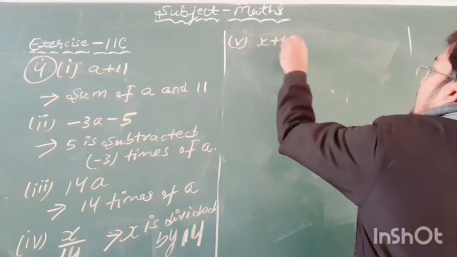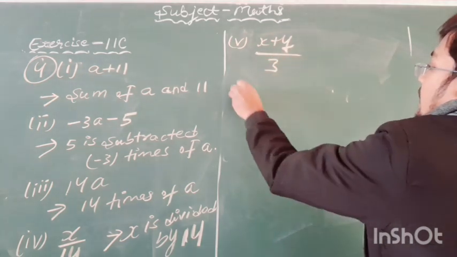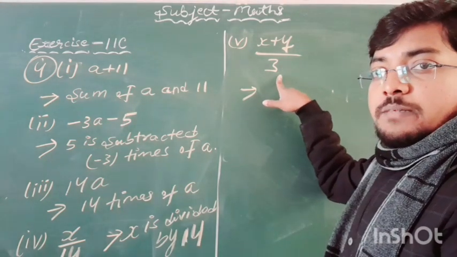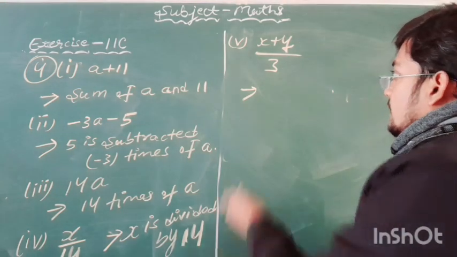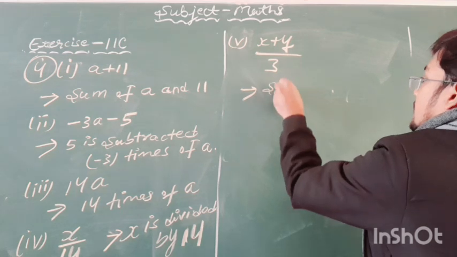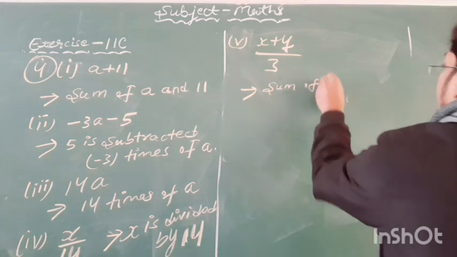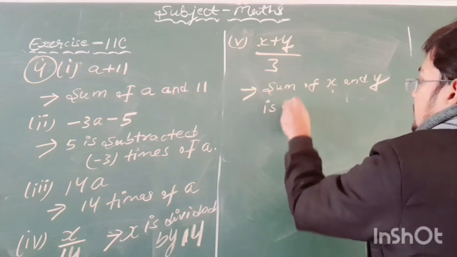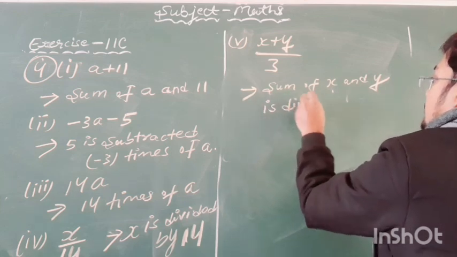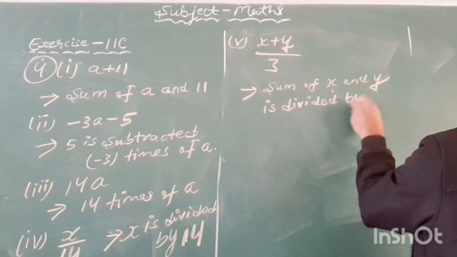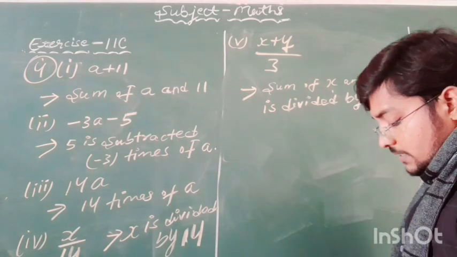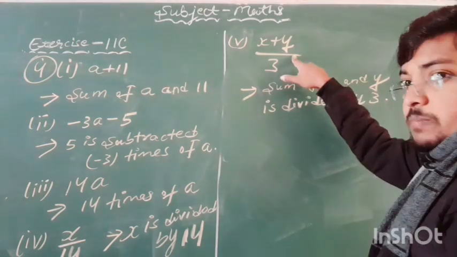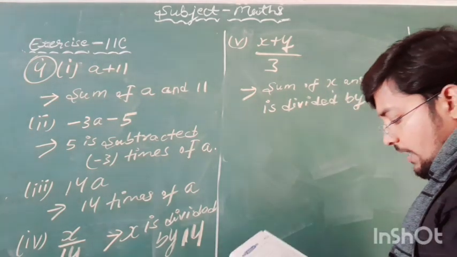And fifth is x plus y upon 3. Here the sum of x and y is divided by 3. So we write: sum of x and y is divided by 3. It is the required sentence for expression 5, which is x plus y upon 3.